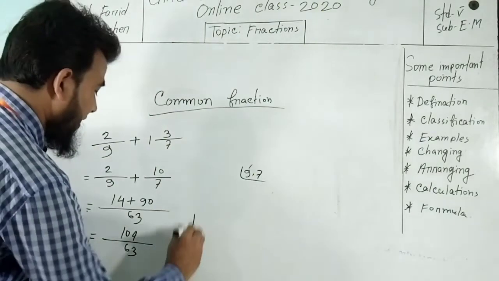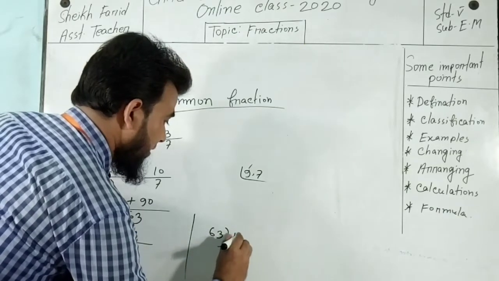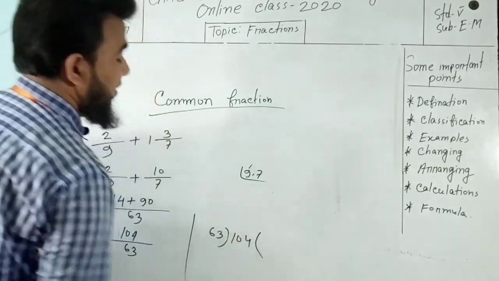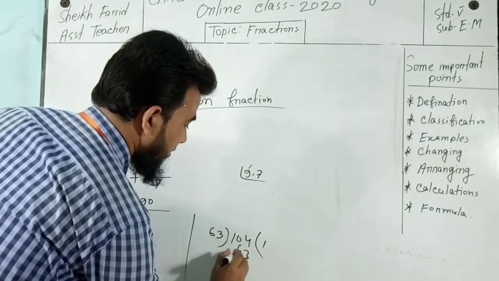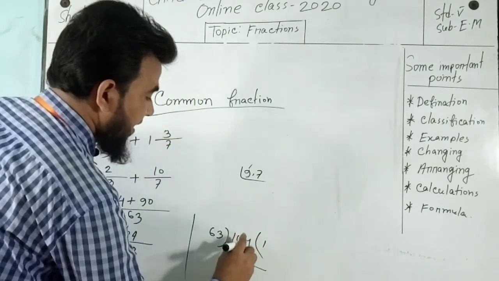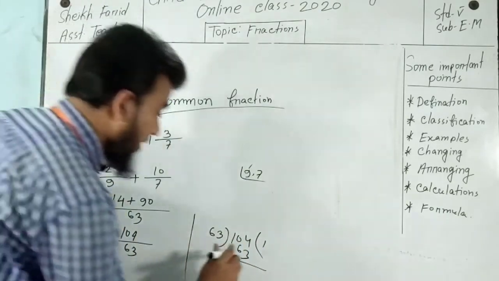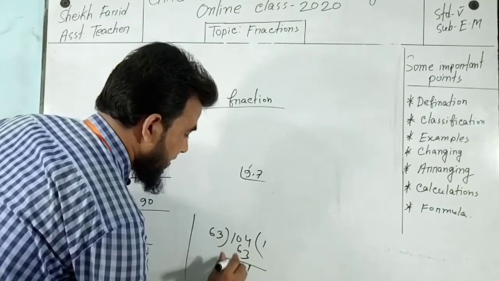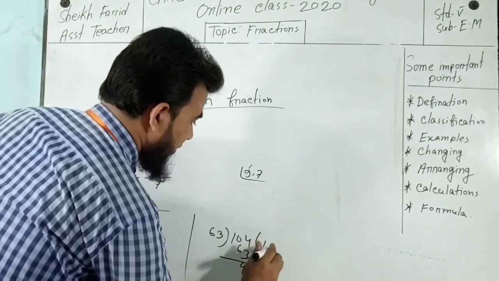And look, this is an improper fraction, so we have to divide this again: 104 divided by 63. What will it be? It will go only one time, 63. 14 minus 3, sorry, 4 minus 3 will be 1, and 10 minus 6 will be 4. So 41.